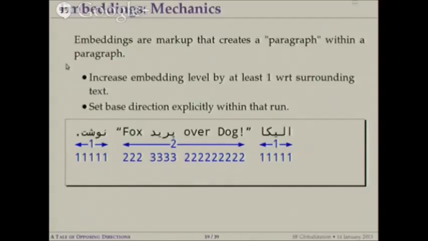The base paragraph is 1 for right to left, but now we have an embedding and it says, hi, I'm a left to right embedding. We need to increase by 1. And so that becomes a 2. And then we have the implicit stuff where the right to left text in the middle says, I can't be at 2, I need to be an odd number. So it gets increased by 1. And then we get 3. So it looks like this, basically.